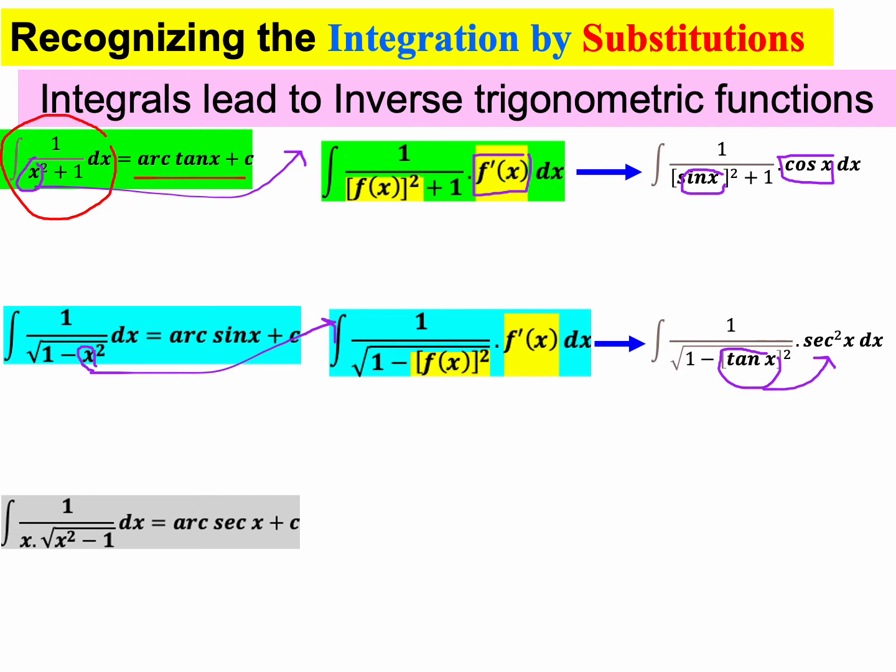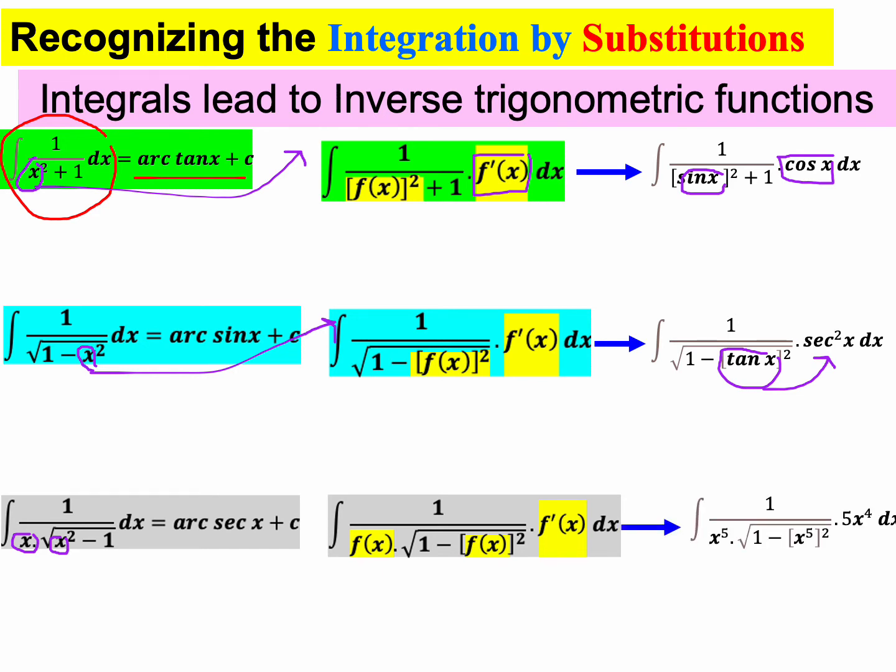The last example maybe in this part is when we have integration that leads to arc secant. But if I have something else, not x, another function, I need to make sure that the derivative of this function is given to us. For example, here the function is x to the power 5, it's written here twice, and I have its derivative, which is 5x to the power 4, so we can say this is integration by substitution.